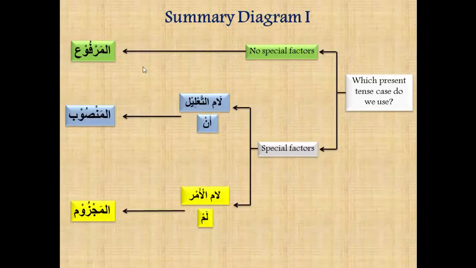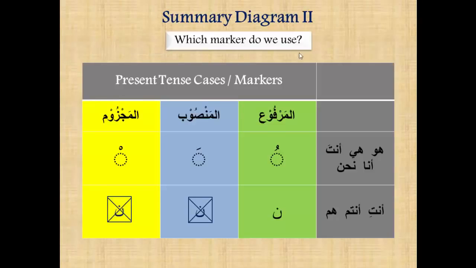Now the next question is, after we decide which case to use, what's the correct marker? So diagram number 2 answers the question, which marker do we use? Organized by column, we have the 3 different cases, al-marfu', al-mansub, al-majzoom. And ordered by row, we have our pronouns broken down into 2 groups. On the top, we have huwa, hiya, anta, ana, and nahnu.